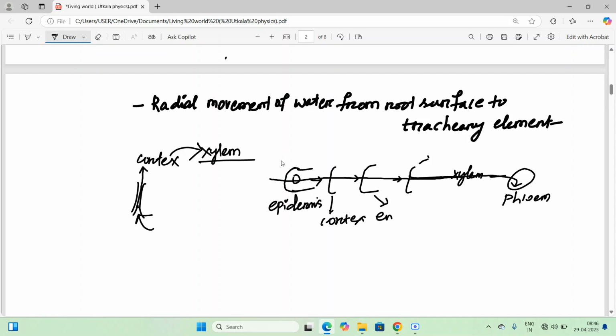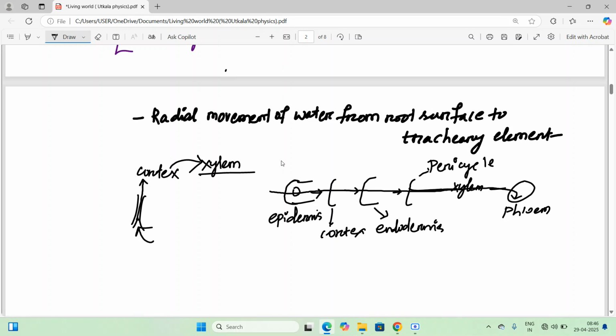This is the endodermis, this is the pericycle, then the xylem, and lastly the phloem.